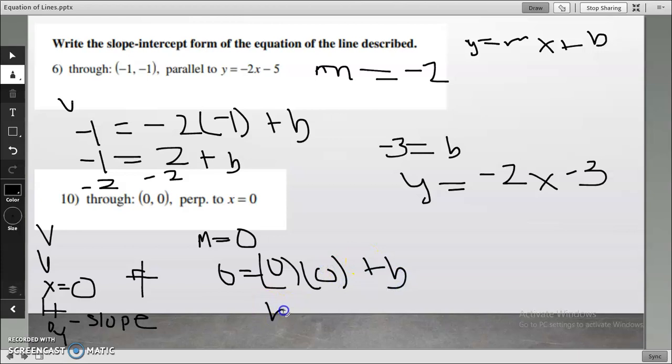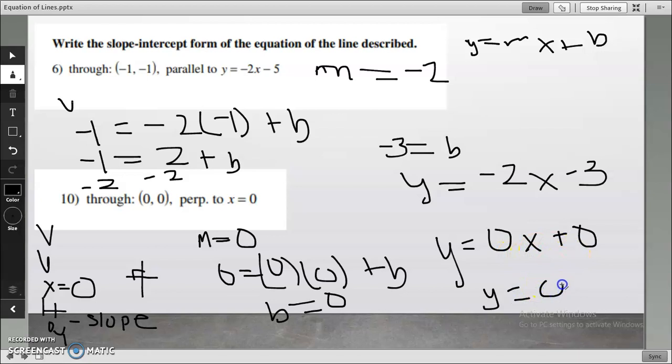So that means that b is equal to 0. So we plug it into our equation, we get y equals, my slope is 0, x plus 0 for my b. 0 times x is 0, and 0 plus 0 is 0, so y equals 0. So there we have it.